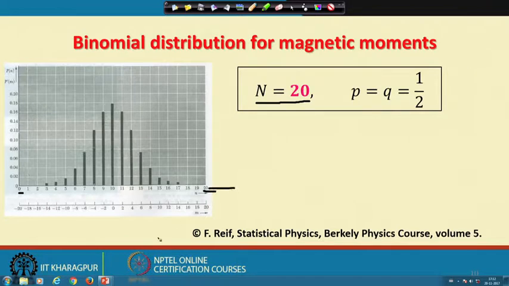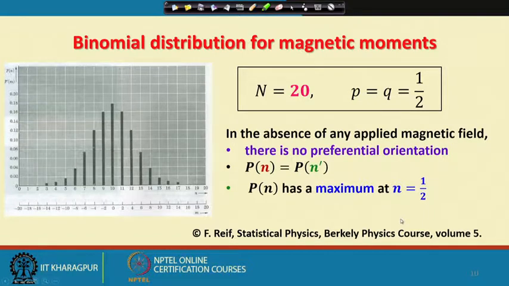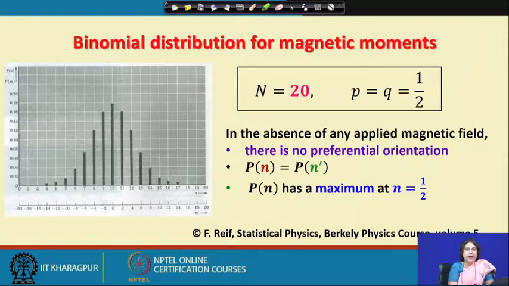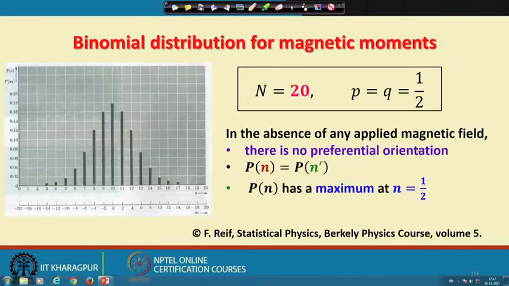When small n is equal to 20, all the spins are pointing upward. The conclusions are very similar to what we got for capital N equal to 4. In the absence of any applied magnetic field, once again there is no preferential orientation. P n is equal to P n prime, and P n has a maximum once again at capital N divided by 2.